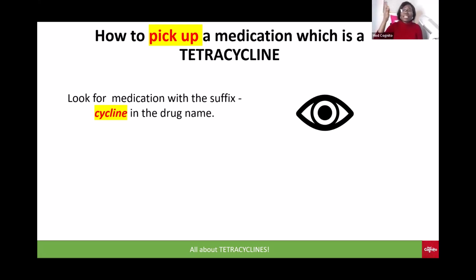When you have a list of medications given to you and you're wondering which of these fall under the tetracycline group of antibiotics, this is the trick. Look out for the suffix, that is the ending of cycline. Cycline as the ending of the drug name.